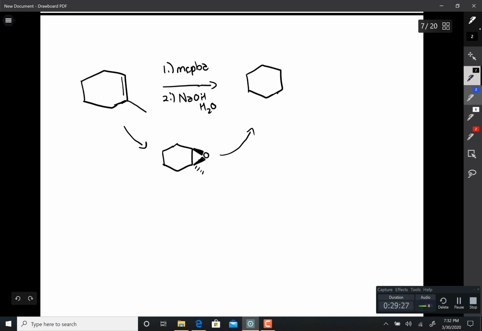In this case, hydroxide is going to add to the less hindered side. So if that epoxide oxygen was a wedge, the nucleophile comes in as a dash because of backside attack. You start out with something that's achiral, you made it chiral, so you're going to get a racemic mixture.